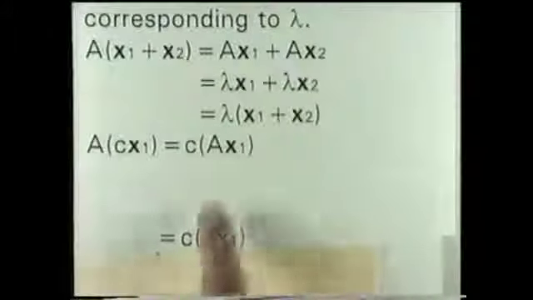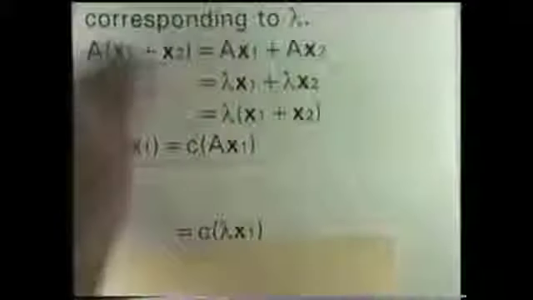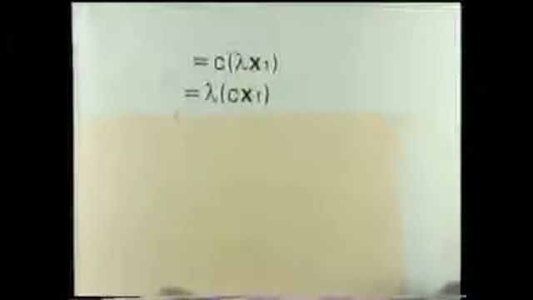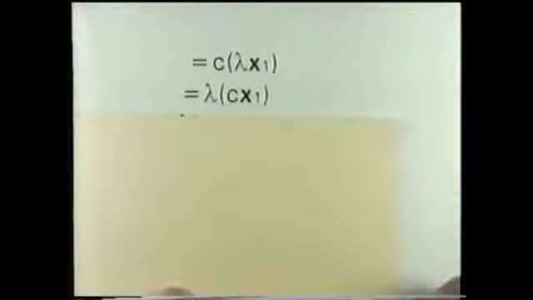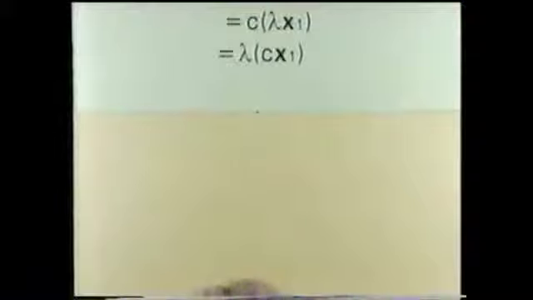So I'll simply replace Ax1 by lambda x1. Now I can multiply by the c to get lambda times cx1. And that proves that it's closed with respect to scalar multiplication.